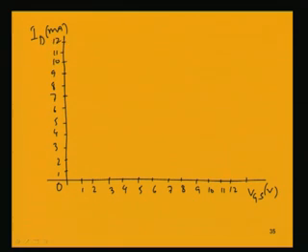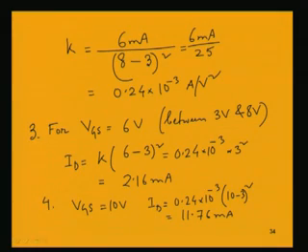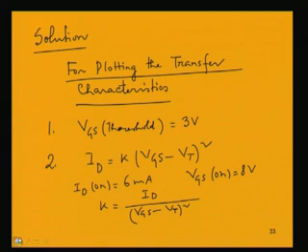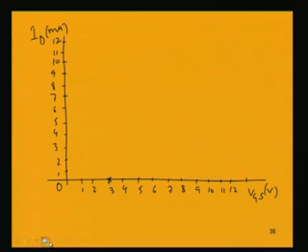So, one point is 3, this point. The other point is given by 8 and 6, here, this another point.